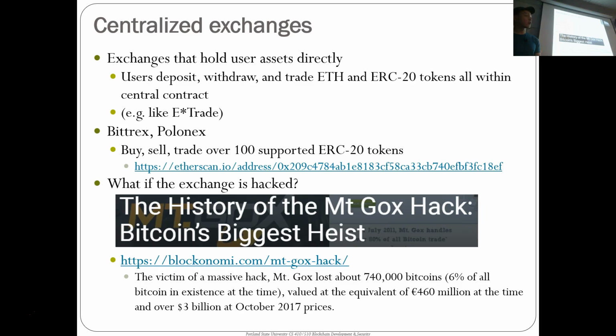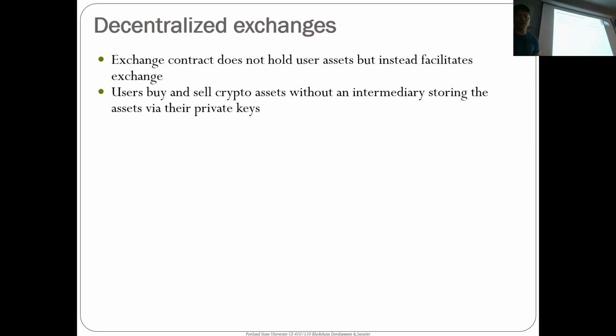So this motivates decentralized exchanges. The exchange contract in this, they don't hold user assets at all, or wallets. No private keys. I don't want any of that. What they are doing is they are being the facilitator for exchanges. They're doing the market-making. What is it?